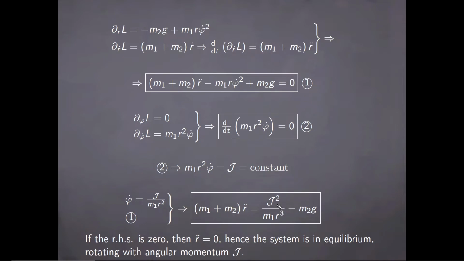So notice that if the angular momentum is too small to counteract the gravitational acceleration, then the particle 2 slides down the thread and particle 1 will follow it. But if I have enough angular momentum to cancel out the gravitational acceleration, then the system is in equilibrium, rotating with angular momentum j.